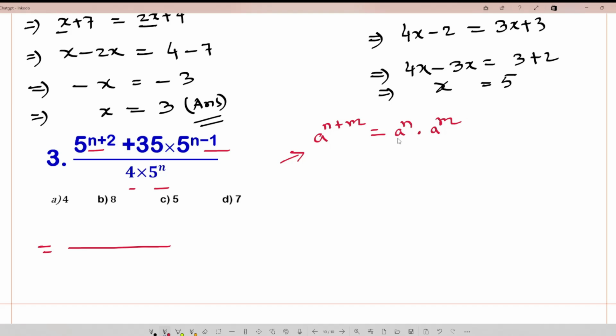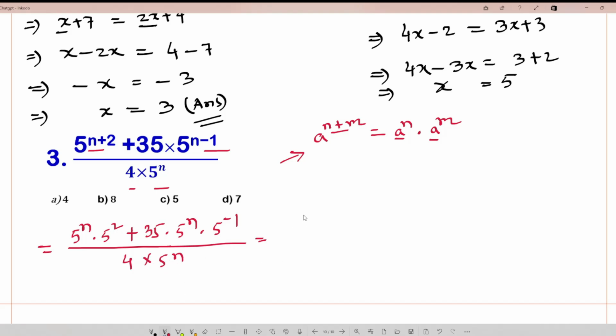It means once the bases are the same, in a product the powers will be added. Same thing, here is 5 to the power n times 5 squared, right? Plus 35 times 5 to the power n times 5 to the power minus 1, right? And divided by 4 times 5 to the power n.